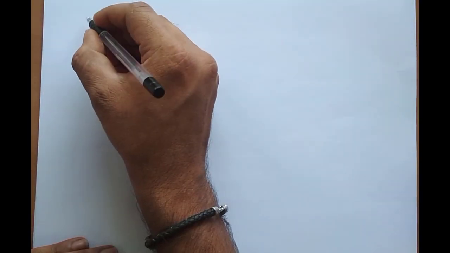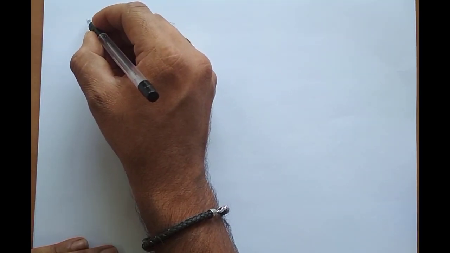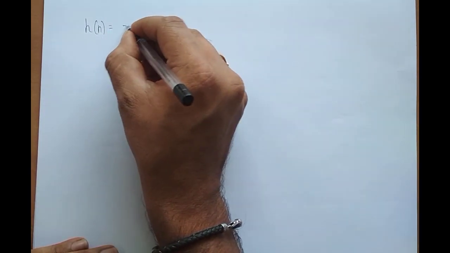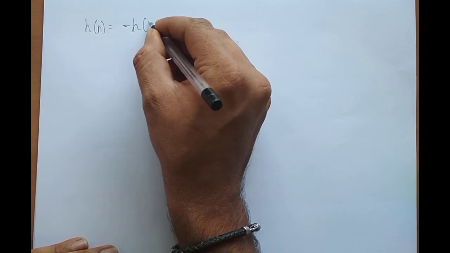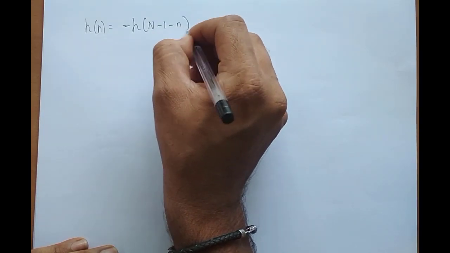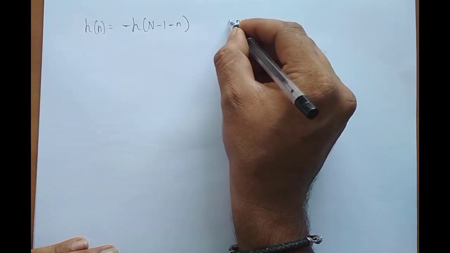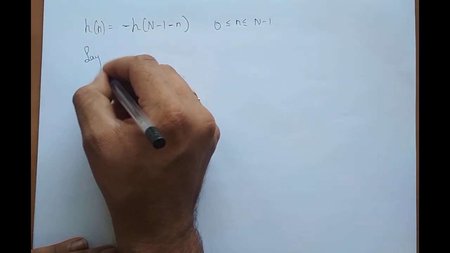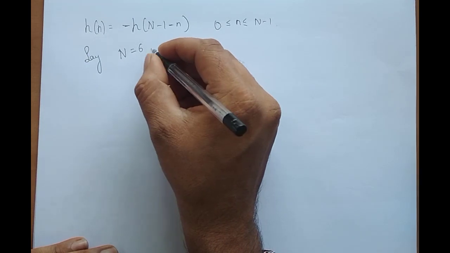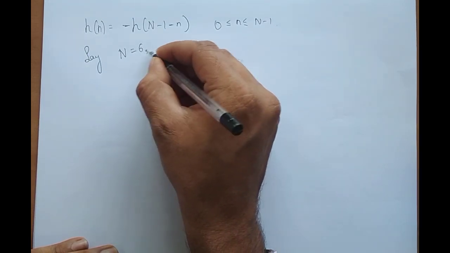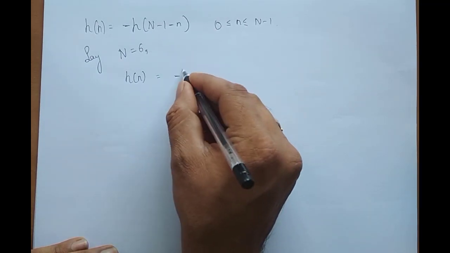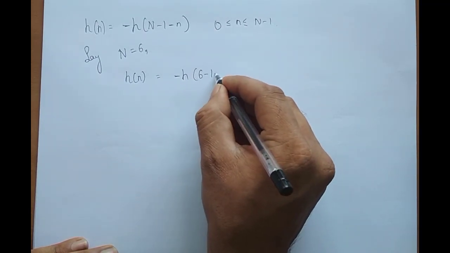Now for antisymmetric, mathematically we define it as h of n is equal to minus of h of N minus 1 minus n, and n is varying from 0 to N minus 1. Say N equal to 6. So h of n is equal to minus of h of 6 minus 1 minus n.